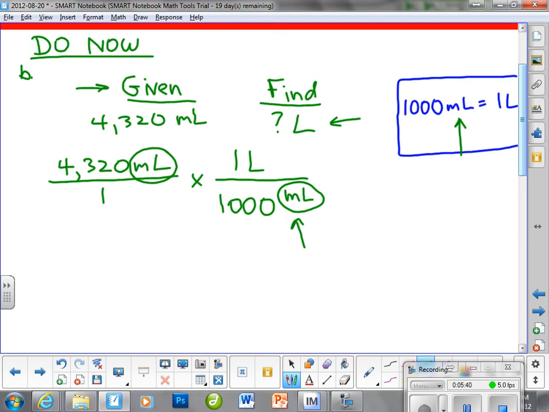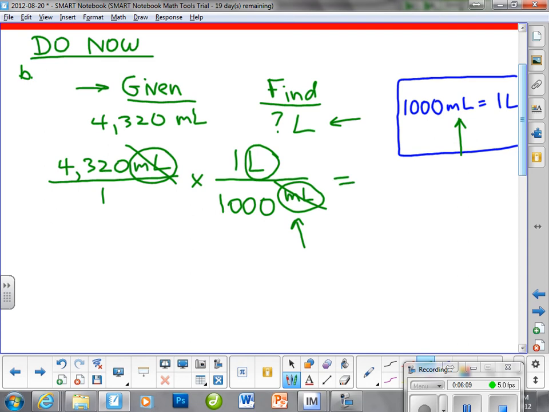Now, do you think I could cancel anything here? Yes. Mils here, mils here. Yep. Just, they're gone. They're toast. No longer there. Canceled. And the only unit of measure that's left is my liters.